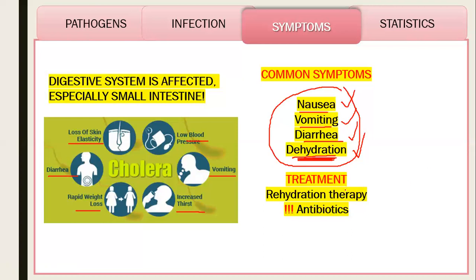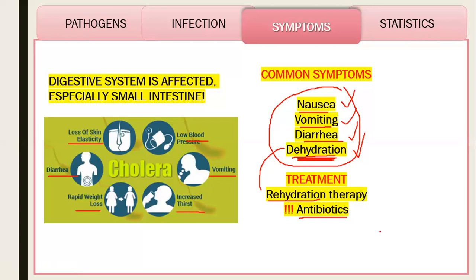Of course, there are some treatments, especially rehydration therapy. So because a person is losing water, by the rehydration, they can stay alive. Antibiotics can be used, but it's not recommended because bacteria become stronger against the antibiotics when the antibiotics are used a lot.